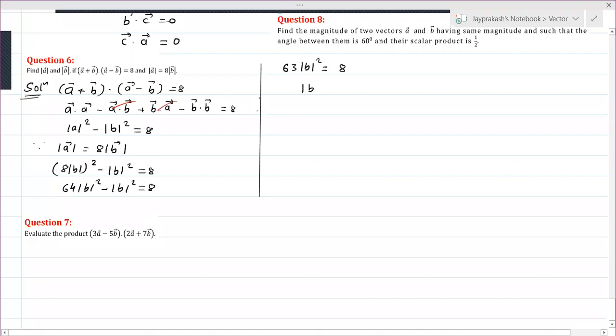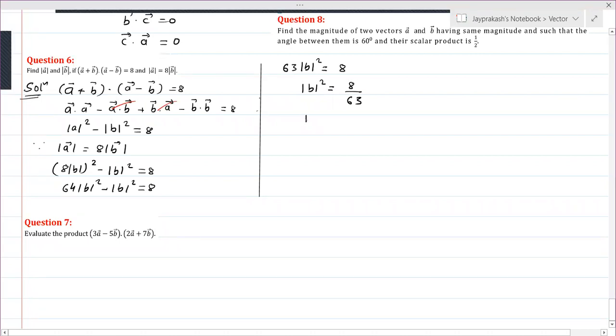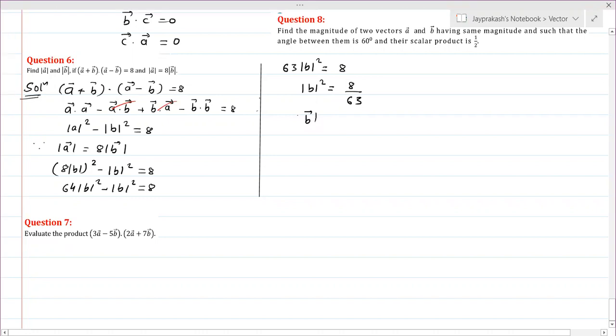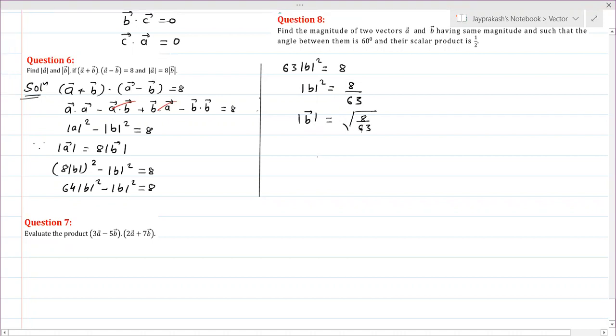Now just send the 63 to the right hand side, so it will be 8 by 63. Now we need to find the magnitude, so we have to take the square root of both sides. So we will write here magnitude of B is equal to square root of 8 by 63.